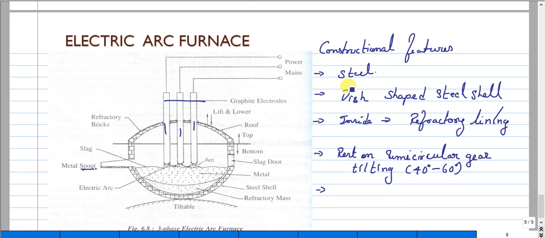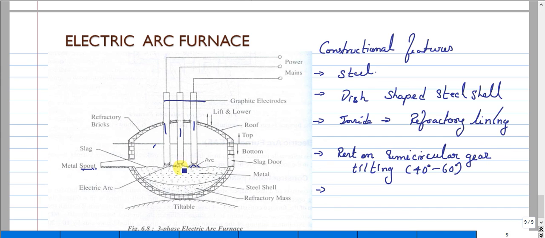And what happens in the working principle? You can see when the power is supplied, an arc will be struck between the electrode as well as the metal charge. So heat will be generated due to the resistance of the metal charge.